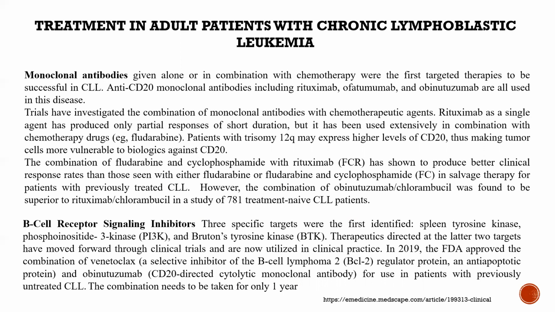The FDA recently approved the combination of venetoclax, a selective inhibitor of the B-cell lymphoma 2 anti-apoptotic protein, and obinutuzumab, a CD20-directed cytolytic monoclonal antibody, for use in patients with previously untreated chronic lymphocytic leukemia. The combination needs to be taken for around 1 year only.